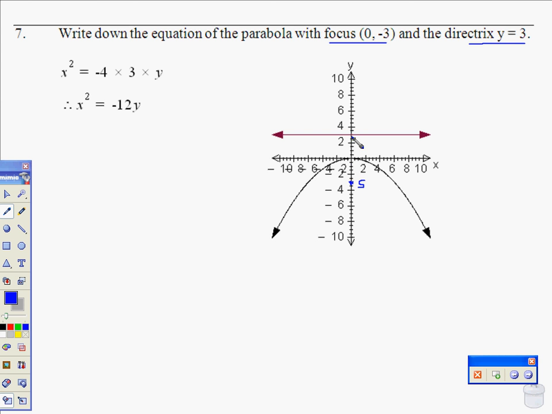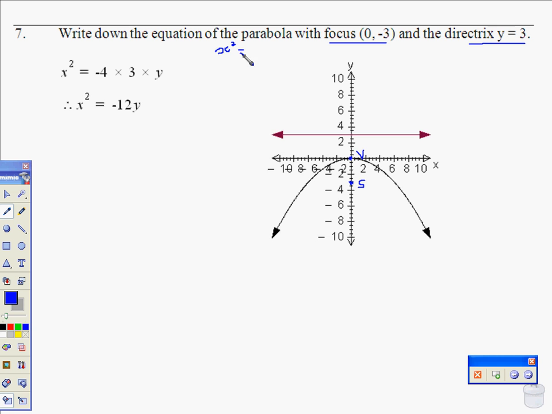The directrix is y is equal to 3, so it's above. If we find halfway between the focus and the directrix, that gives us our vertex, which is sitting on the origin, which means we can use the form x squared is equal to 4ay.